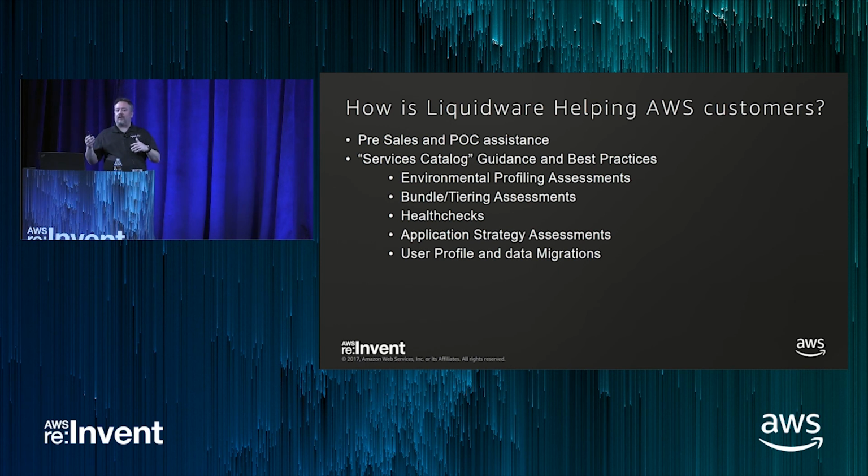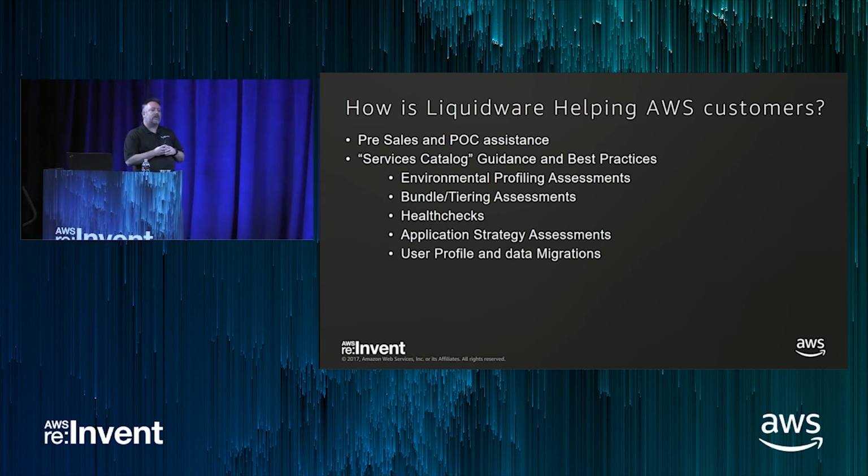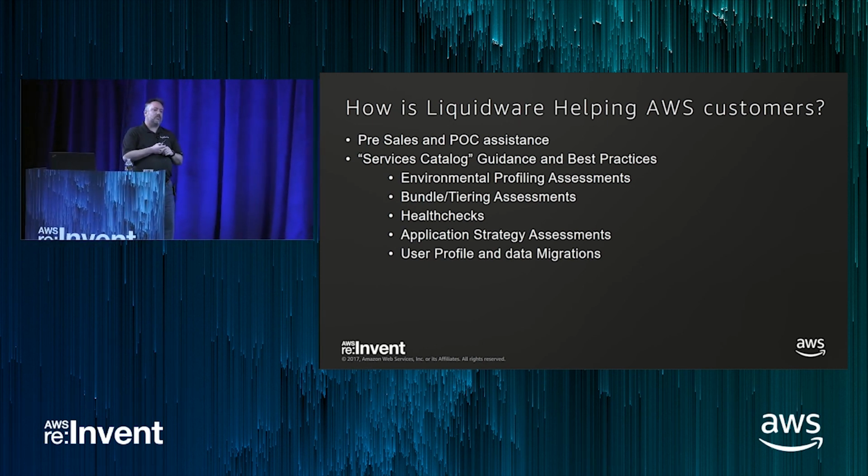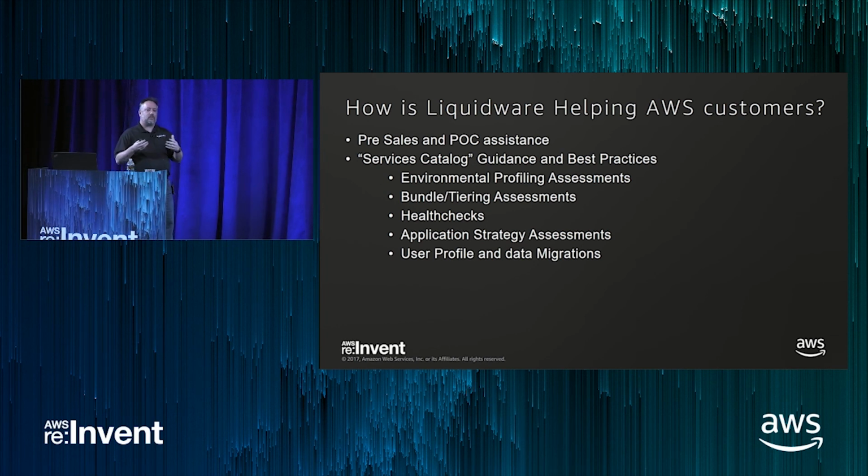So how many people are considering AppStream at this point? Okay, it's a good show. So we're pretty excited about where that fits in as well. So with Stratosphere UX in particular, we're able to provide analysis and best practices and data points around both sides of the fence, either Workspaces or AppStream, and those are the kinds of things that we're helping AWS with in real time.